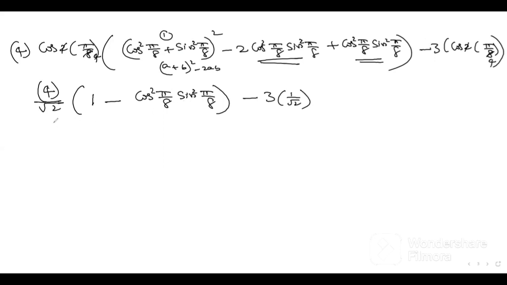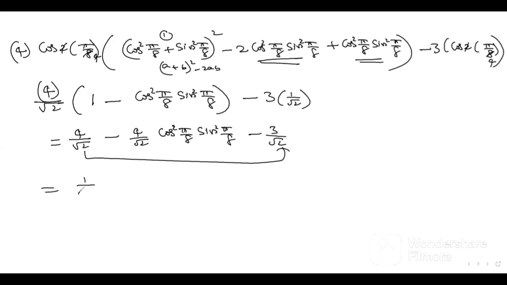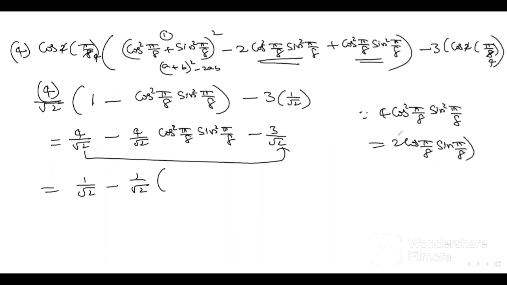Here 4 by root 2 multiplied to all: 4 by root 2 minus 4 by root 2 times of cos square pi by 8 sin square pi by 8 minus 3 by root 2. 4 by root 2 minus 3 by root 2, how much value? 1 by root 2 minus 1 by root 2 times of 4 cos square pi by 8 into sin square pi by 8, which can be written as 2 cos pi by 8 into sin pi by 8 whole square.